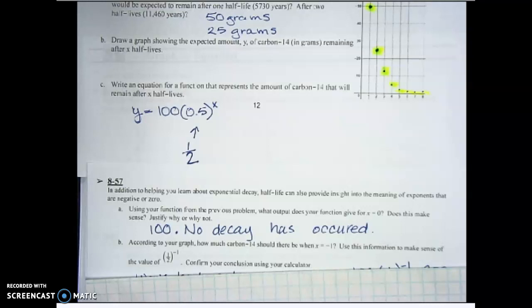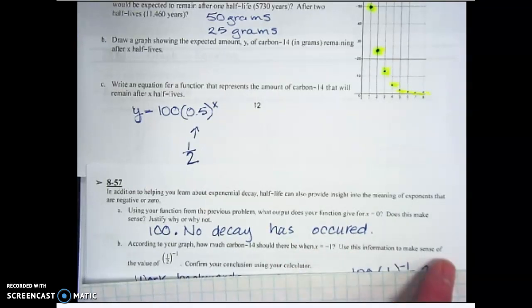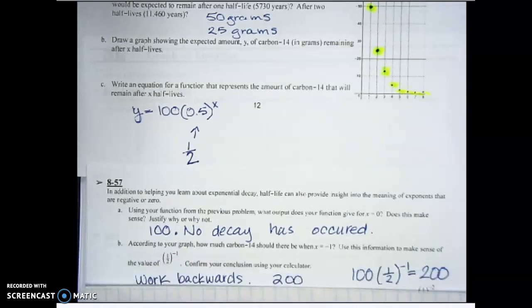All right, part B. According to your graph, how much carbon-14 should there be when x equals -1? Use this information to make sense of the value of 1/2 to the -1. So if you work backwards, instead of taking half, you would double it, right?